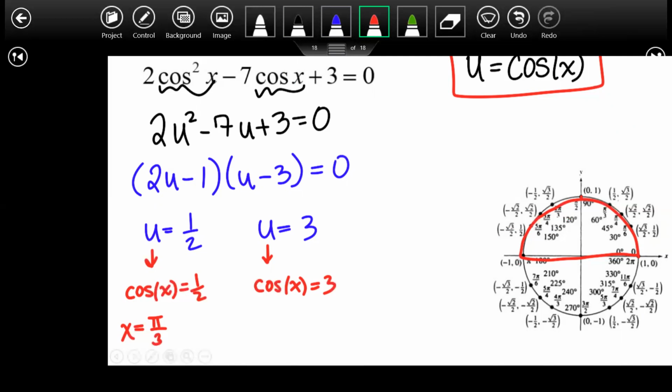Is 2 pi over 3 positive or negative? So is that our solution? 5 pi over 3. 5 pi over 3 is correct, but is that in the range? In this case, it's down below here, which doesn't exist, right? So the other question to ask is, what about this cosine of x equal to 3?